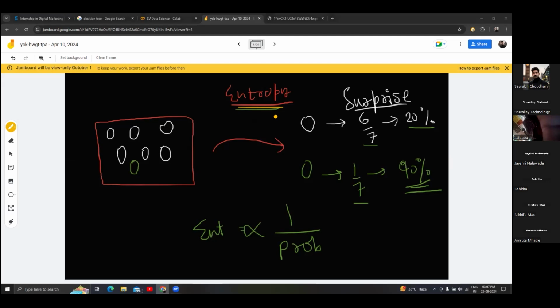No, the white probability of occurrence is more. So for white you will not be surprised, but for the green you will be surprised, right?